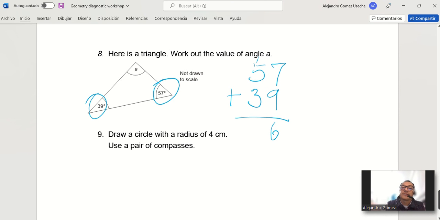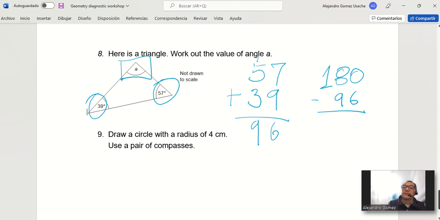This is 6 and this is 9. 96. How much are we missing? Well, we say 180, which is what every triangle must measure in the inner angles, minus 96, what we already have, and that is the missing angle. How much is that? Well, exactly 84 degrees. No unit, no point. Keep it in mind.